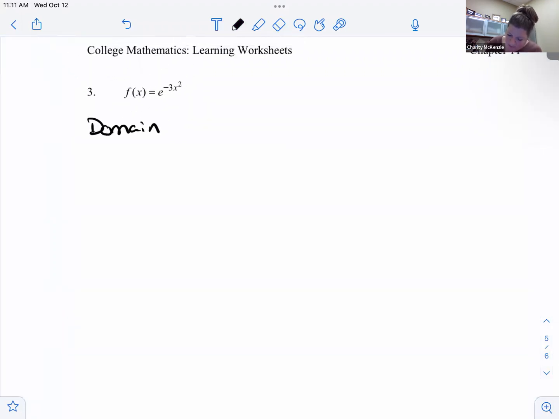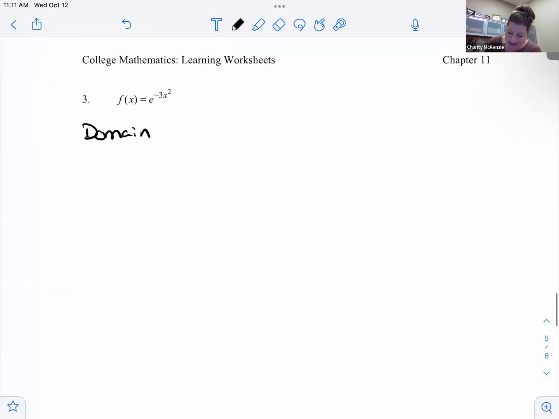I'm going to go back out to normal view here. Our domain of this, we can put anything in, right? And get anything out. Well, range would be blocked by 0. Can an e to something ever equal 0?